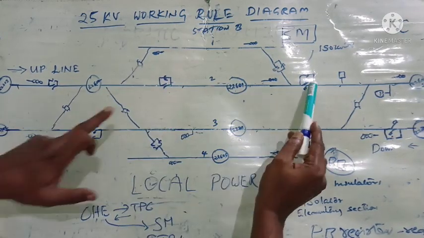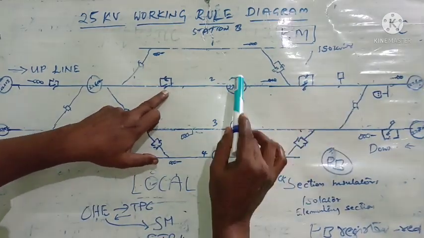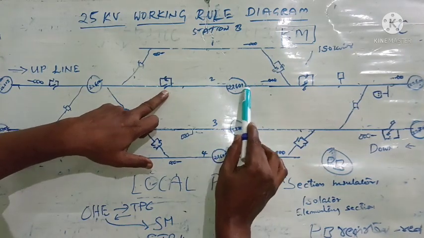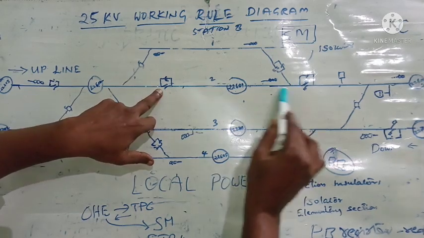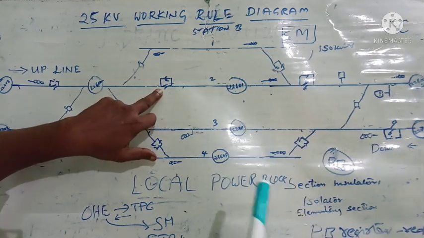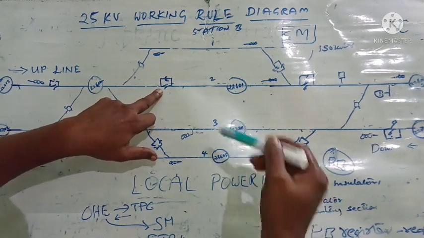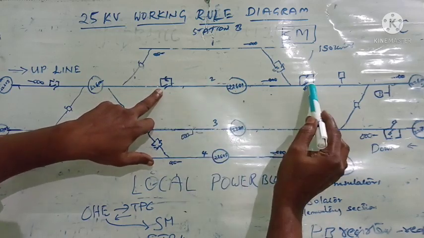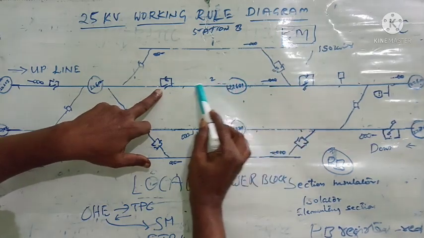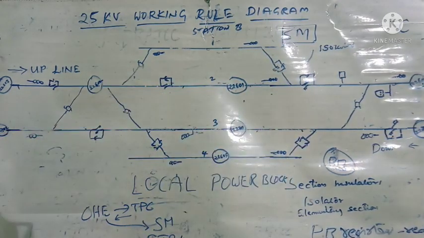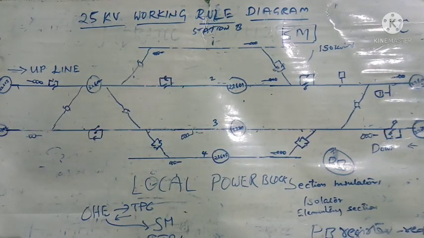So in between these two isolators, this elementary section is called 22601. This elementary section 22601 will be given a particular color, any color. Suppose it is blue, then from here up to here and then up to here it will be colored blue to easily distinguish the elementary section.